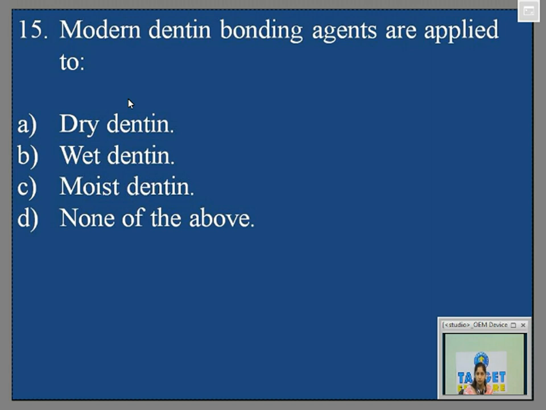That means the collagen network will collapse, and in that situation, the bonding agents will not be able to infiltrate the intertubular dentine and form the hybrid layer. So modern dentine bonding agents, the 6th and 7th generation, are applied on moist dentine.